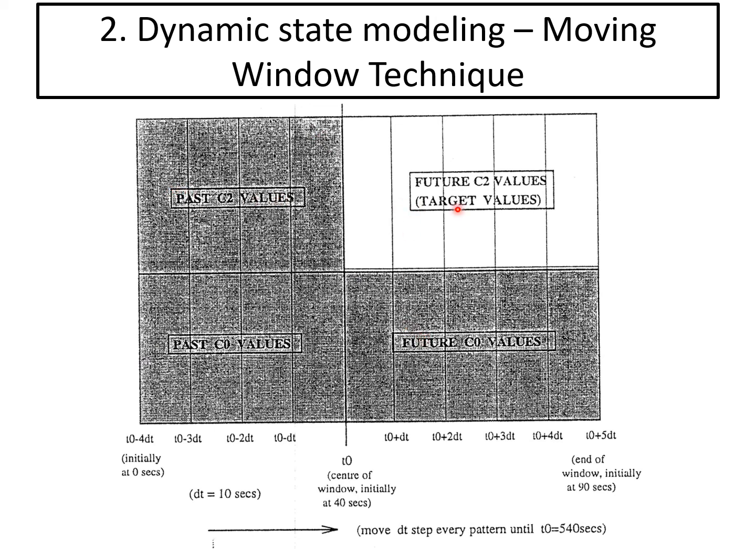But since we want the future C2 values, we also need to put in the future CO values, which can be done in simulation if we know the future U that we want to use. So we can put it inside the network, and then we can get the prediction of the output for k plus 1, k plus 2, and the future times. This is what we call the moving window technique strategy. As we go along the data set, we will get the future data as being predicted.